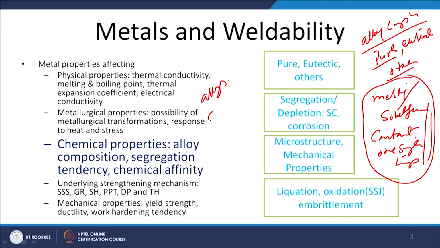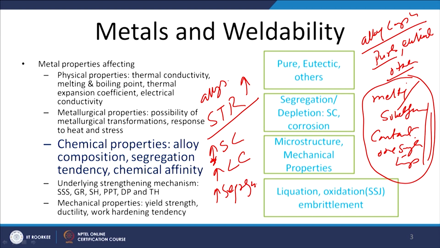So, the alloys offering a solidification temperature range, or you can say wider solidification temperature range, there will be increased tendency for the solidification cracking, there will be increased tendency for the liquefaction cracking. And there will be increased tendency for segregation of the alloys or chemical heterogeneity.